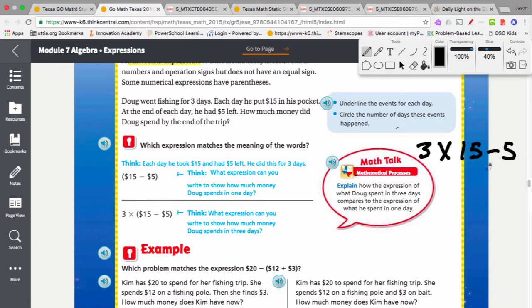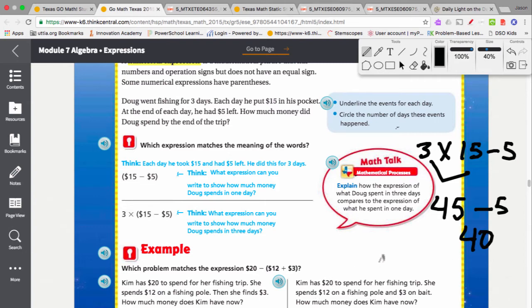And we always multiply and divide before we add and subtract. So if we solve the problem without parentheses, we have to multiply first, 3 times 15, which gives us 45, and then subtract 5, and then we end up with 40.